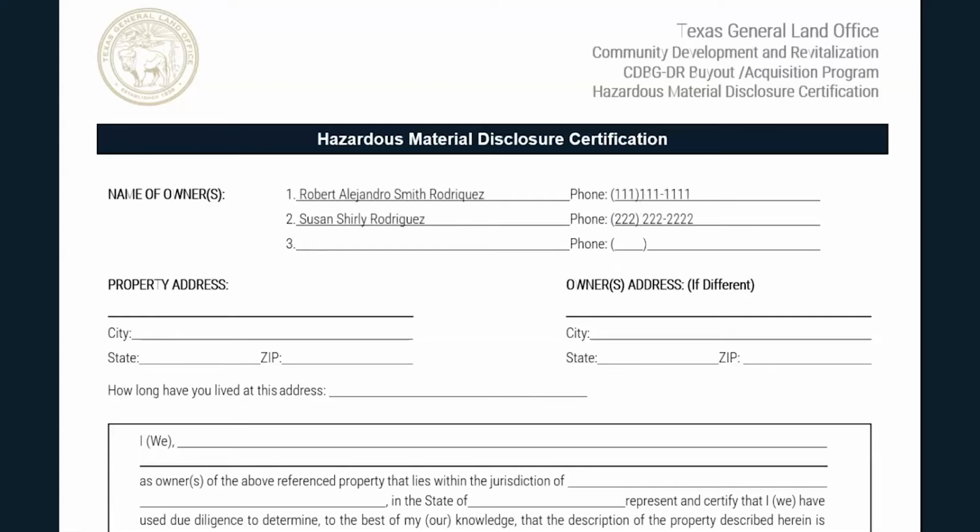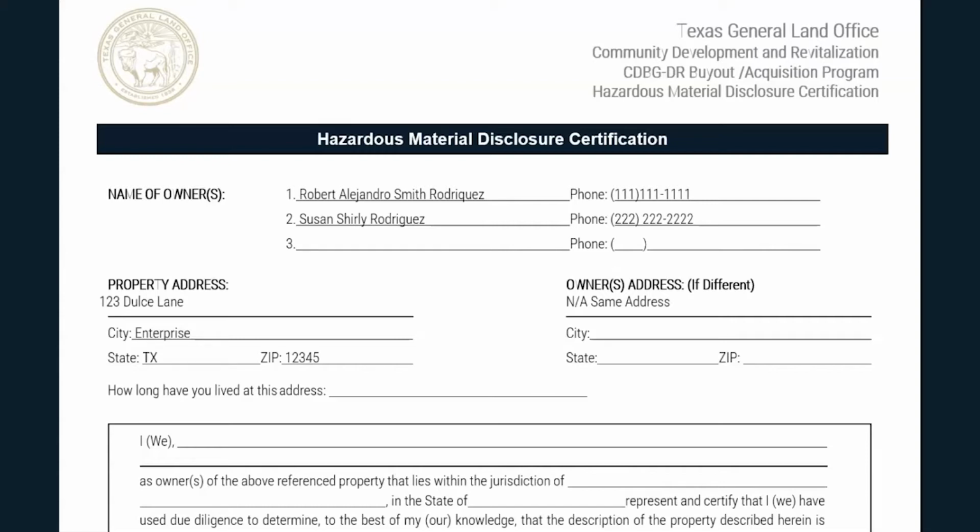Next, the applicant will complete the address of the buyout or acquisition property. Then, the applicant will input the address of the owner if it is different from the property that will be bought out or acquired. In our example, the applicant has the same home address, so they input NA, same address.